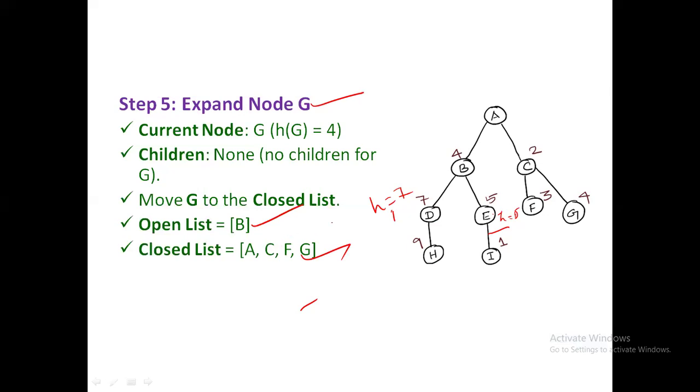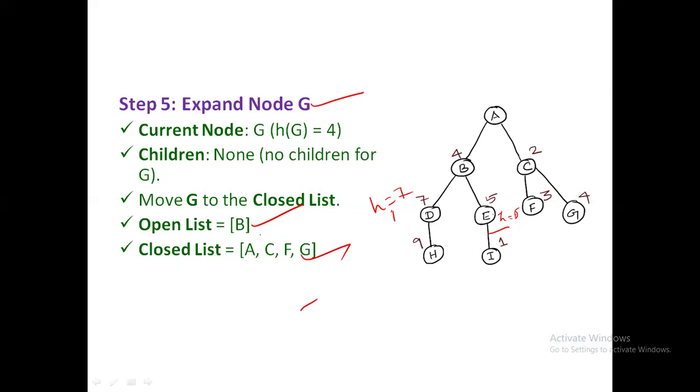Node B is moved to the closed list, and the open list now contains nodes D and E, correct? The next step, step 6, expands node B. D has value 7, E has value 5. Since E has the smaller heuristic value, it is selected for expansion.